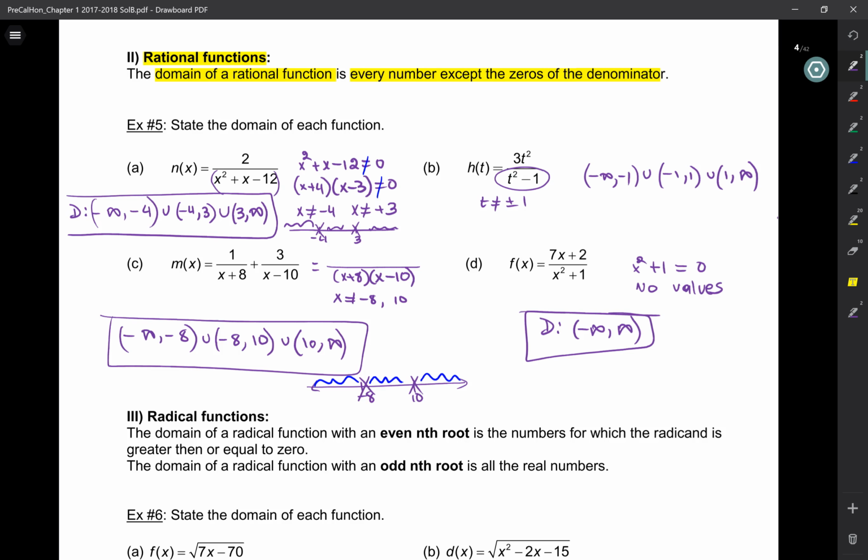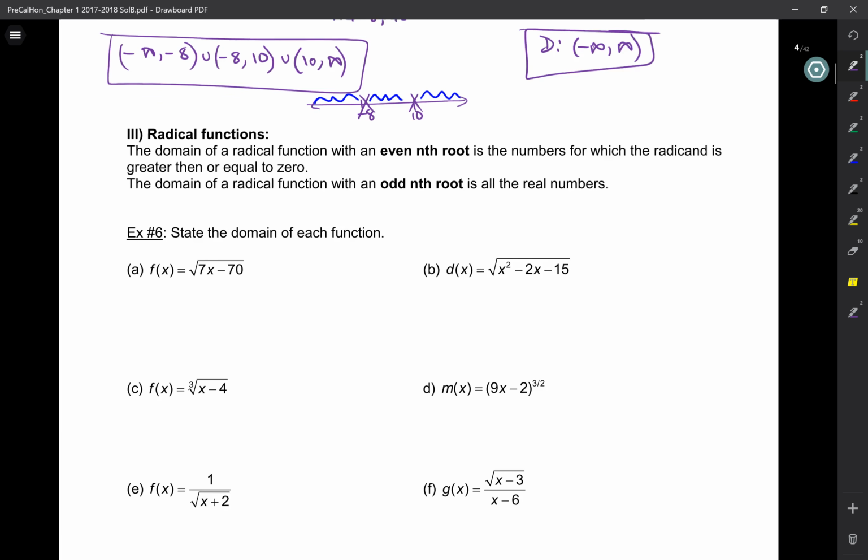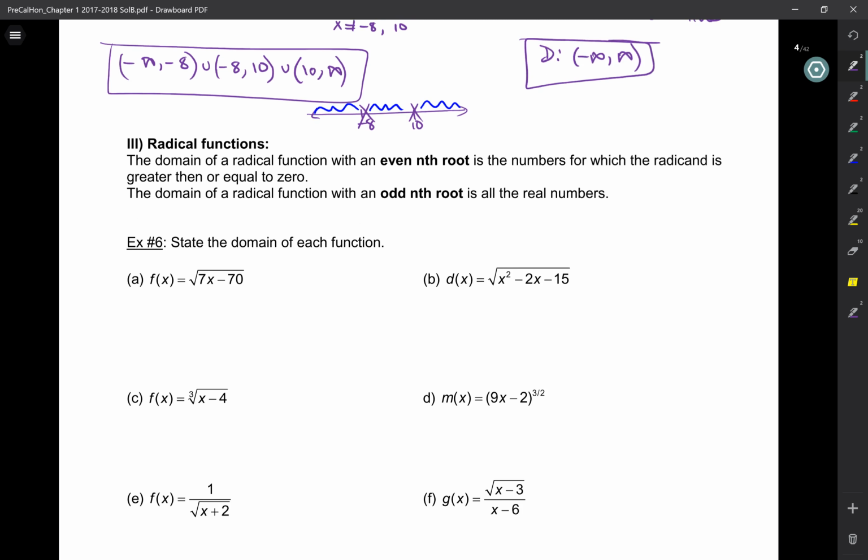So we did polynomial functions and rational functions. Now the third is radical functions. Radical functions can also be split into two. If you have an even nth root, square root, fourth root, sixth root, the radicand, the stuff inside, has to be greater than or equal to 0.